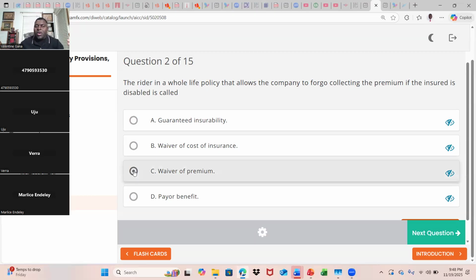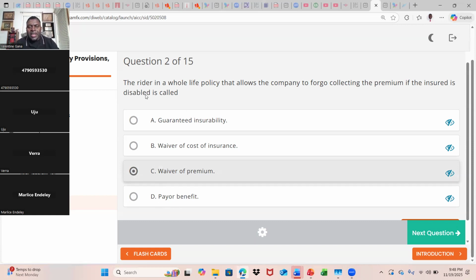Also, if the payer dies, the insured does not have to pay premiums until that child gets to age 21. Then they have to take over the policy.